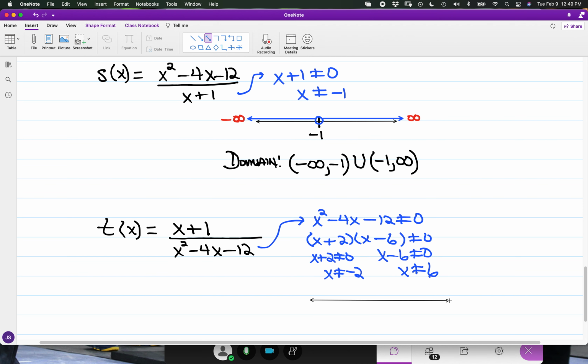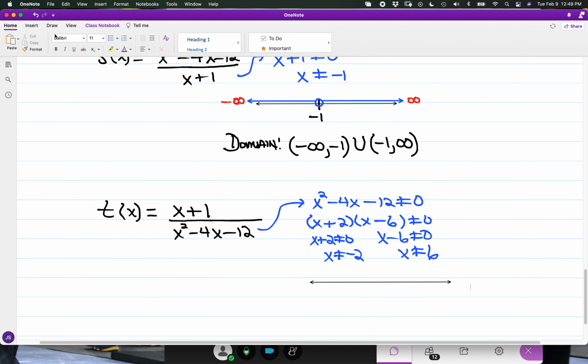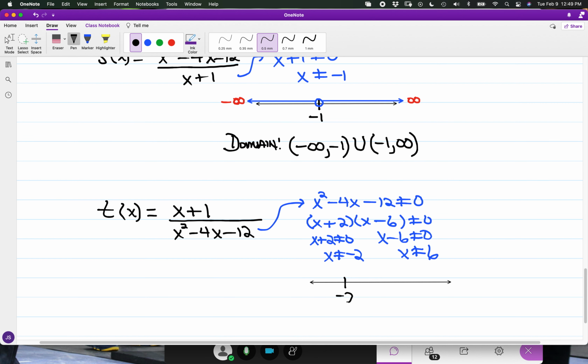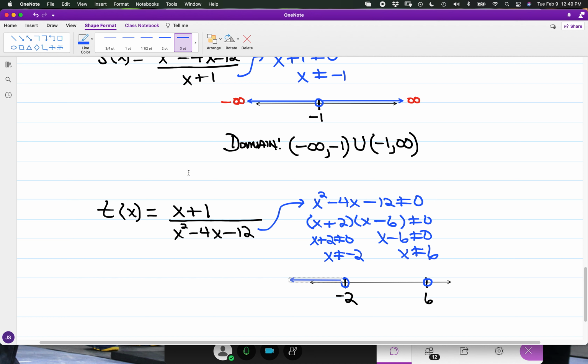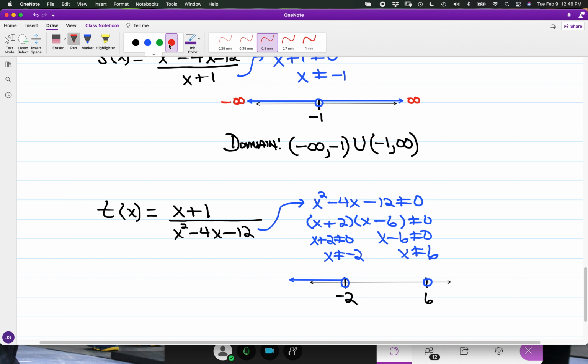Setting up with our two excluded values and doing our labeling, we have negative 2 and 6. Both values are left out, so you have holes located on these numbers. To represent all the other values, for those less than negative 2, you have an array going to the left, approaching negative infinity.